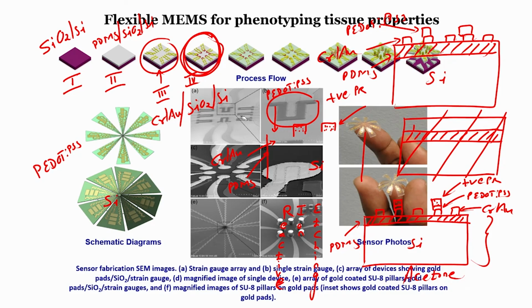So, understand until here that now we have PEDOT:PSS. So, what will happen if I apply a pressure to this particular substrate? If I apply a pressure to this substrate, then because there is a piezoresistor, it will bend, and that will cause a change in resistance.